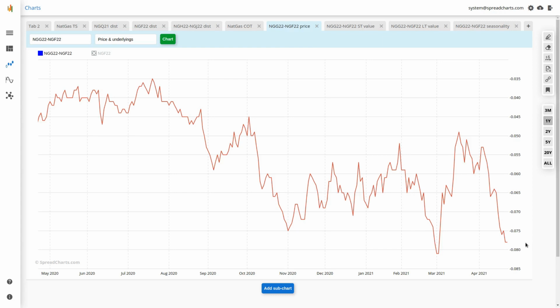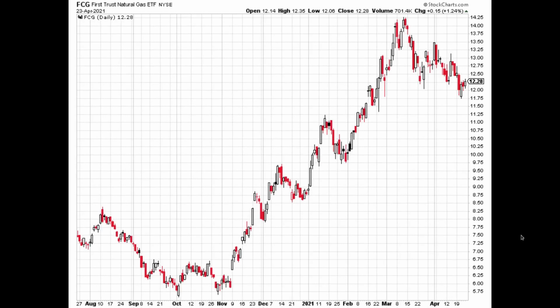But I think using a bear spread such as this one, even in the future, to hedge a long-term exposure in energy and especially natural gas, once it becomes overbought like it did in the middle of March, is a good long-term strategy, and that's something I would personally deploy.